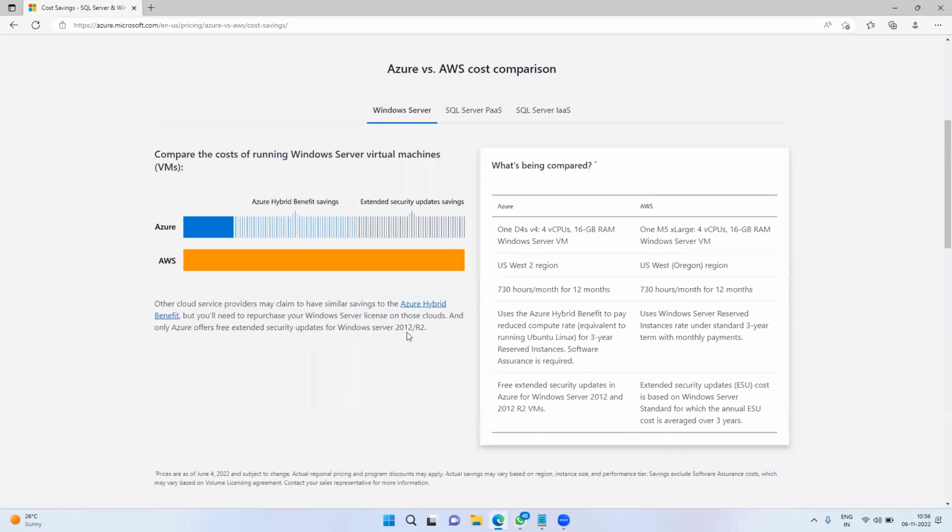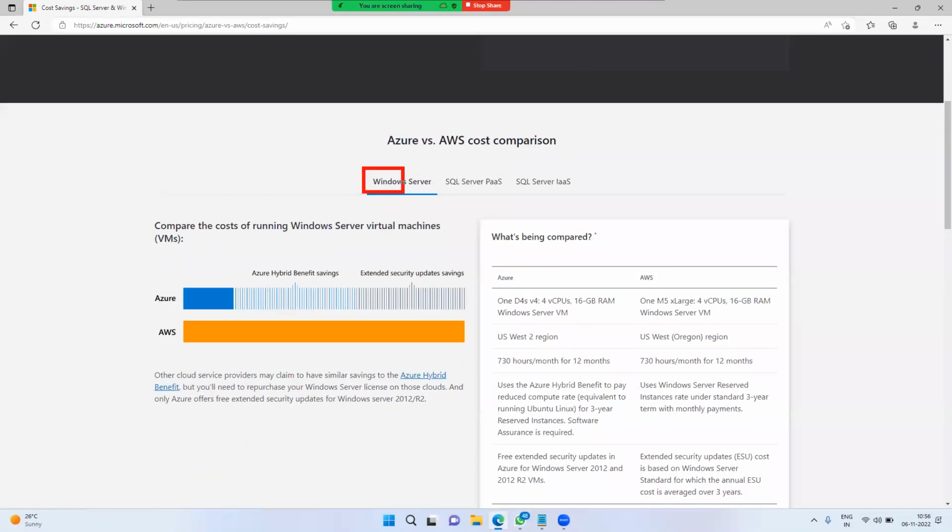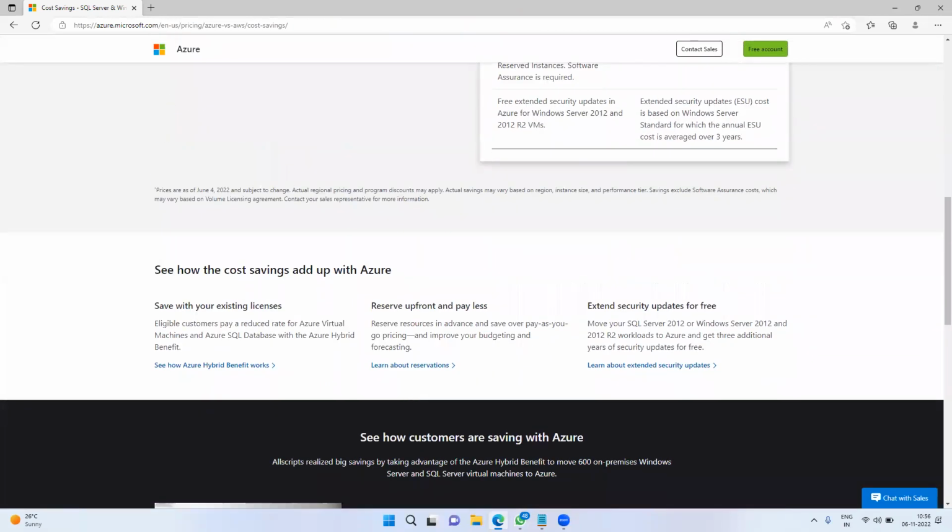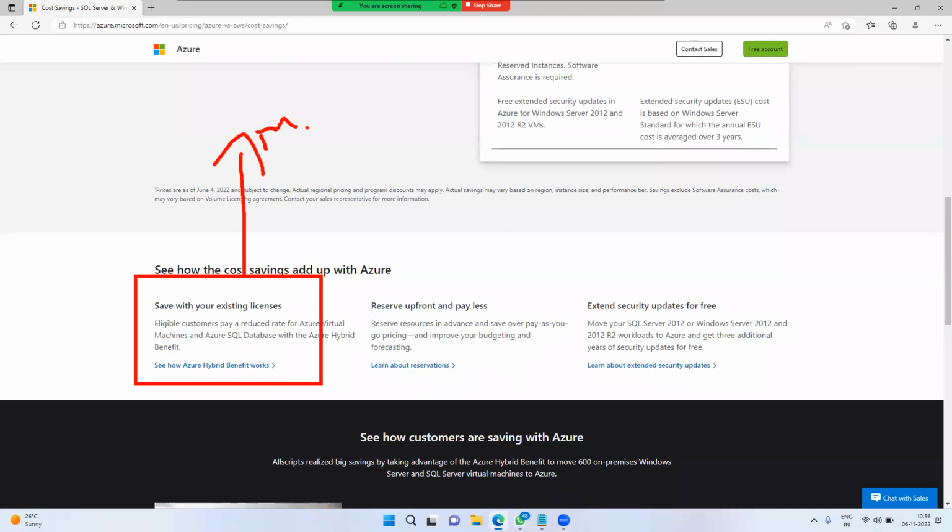Here, see, Windows Server and SQL Server are very cheap in Microsoft Azure compared to AWS. Not only that, if you are already using a license and migrate it into Azure, you need not purchase the license again. The same license we can migrate into Azure Cloud. That is another big advantage.